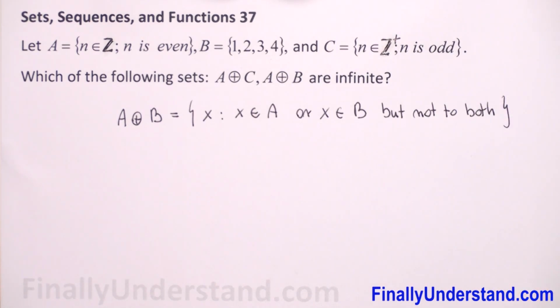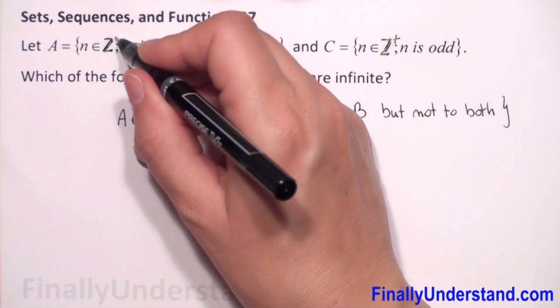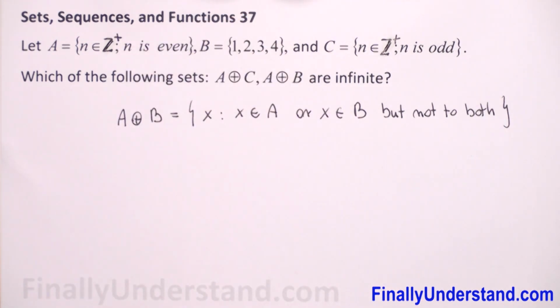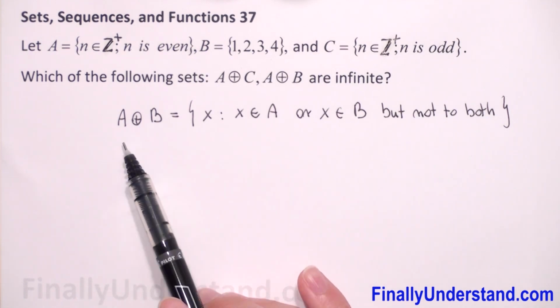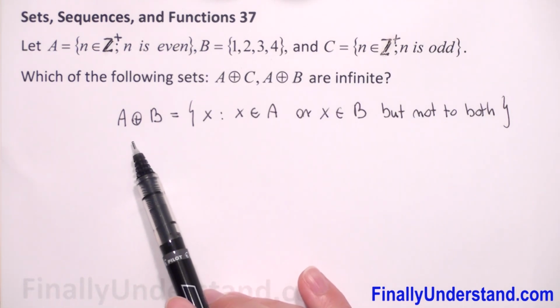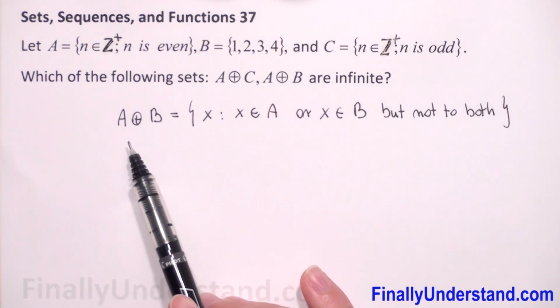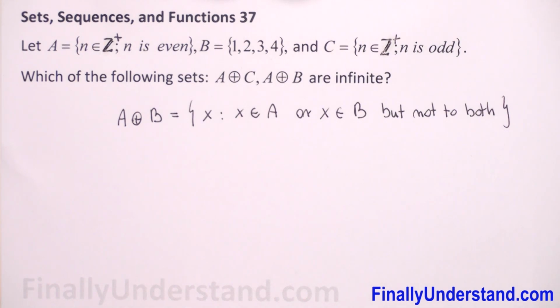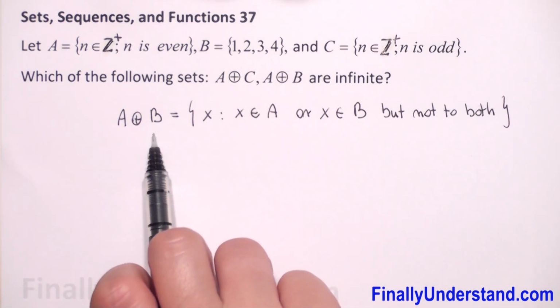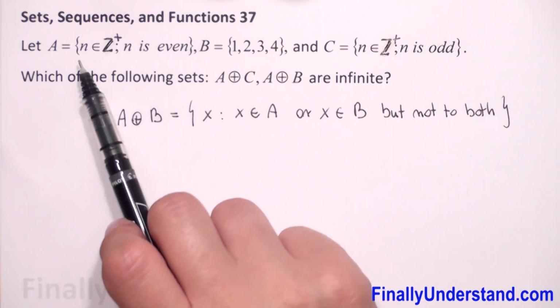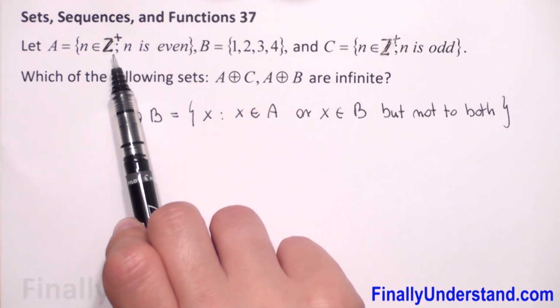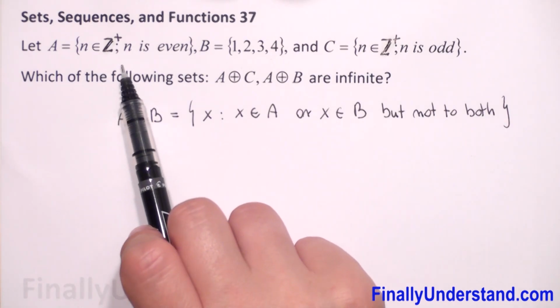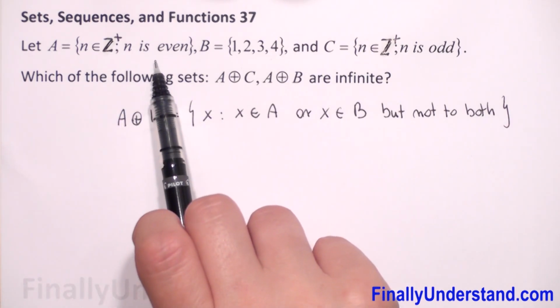So first, let's find the symmetric difference of sets A and B. We need set A and set B. Set A has all positive integers that are even numbers.